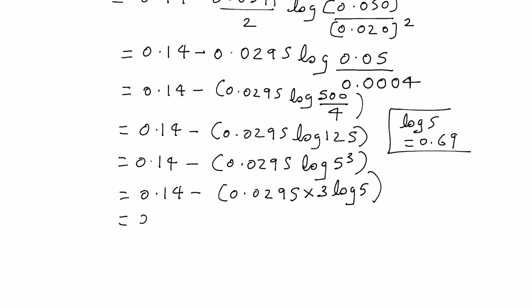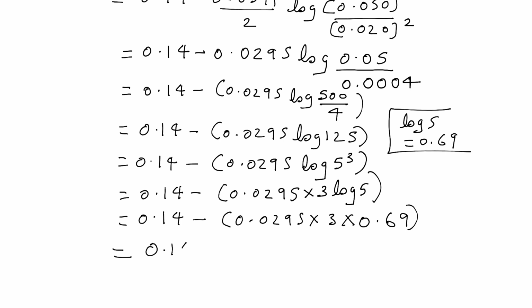So our final step, 0.14 minus 0.0295 into 3 into 0.69. On calculating, you will get the final answer. So it will be like 0.14 minus 0.06. And you will be getting 0.08 volt. And that is our final answer for the third question. Hope it is easy, right?